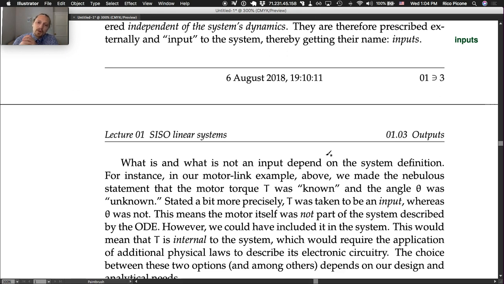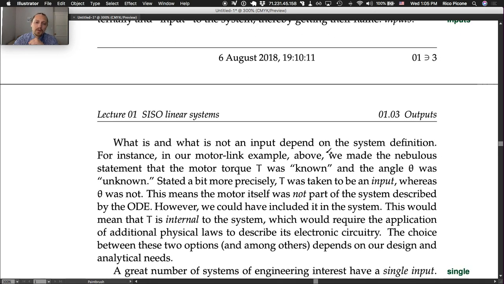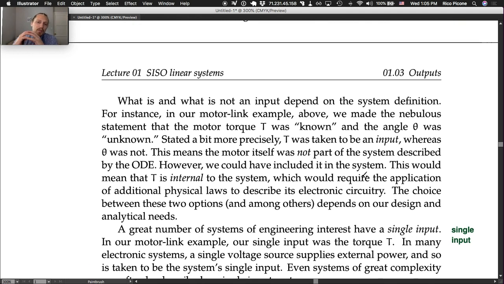This means the motor itself was not part of the system described by the ODE. However, we could have included it in the system. This would mean that T would then become internal to the system, which would require the application of additional physical laws to describe its electronic circuitry. The choice between these two options, and among others, depends on our design and analytical needs. So sometimes you might want the motor to be part of your system, other times you might not.